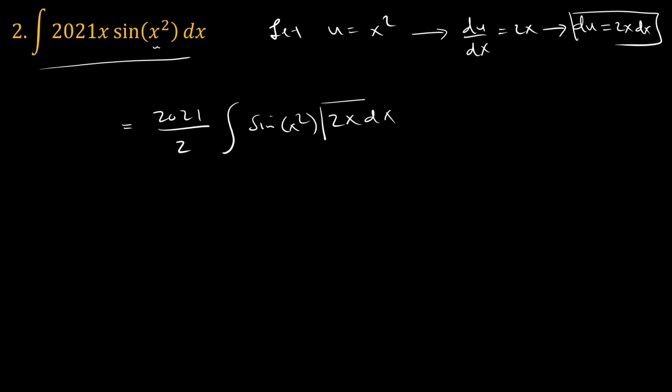and so this part here can be substituted, and also this part can be substituted, so we have 2021 over 2 sine of u.